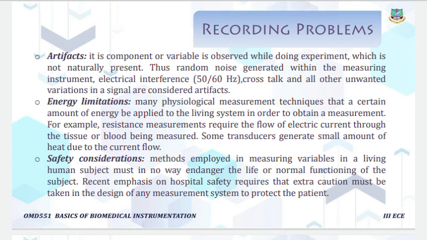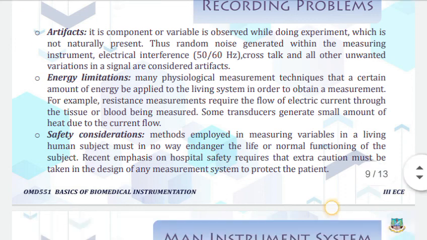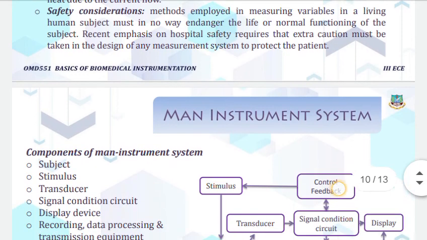So we are doing this without affecting the patient. That is the safety consideration. Recent emphasis on hospital safety requires that extra caution be taken in the design of any measurement system to protect the patient. Just the safety of the patient. Okay, these all come under the recording problems.